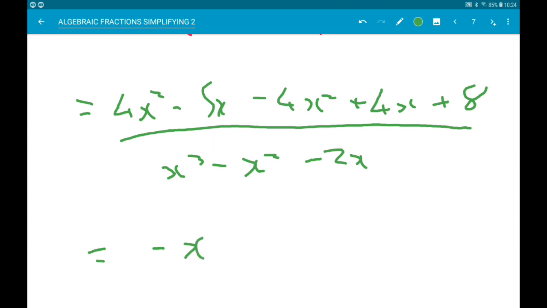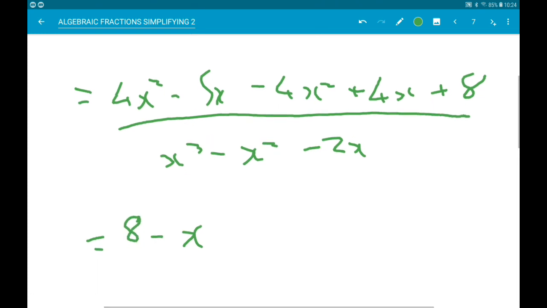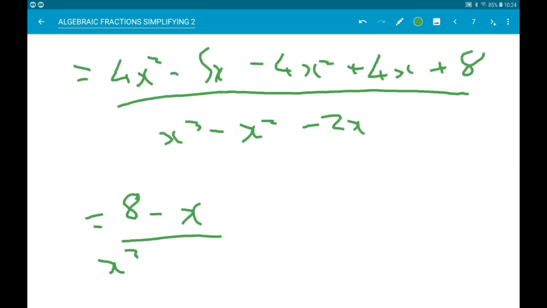And then we got plus 8, so we can write that as 8 minus x all over x cubed minus x squared minus 2x. So, if anyone else is thinking that question was ridiculous, you're not on your own.